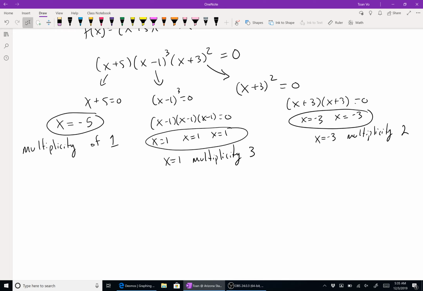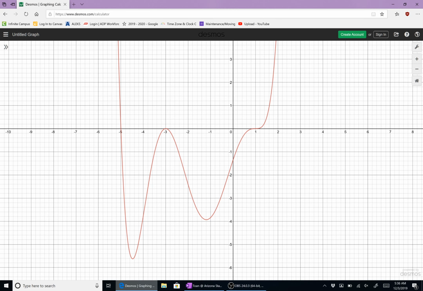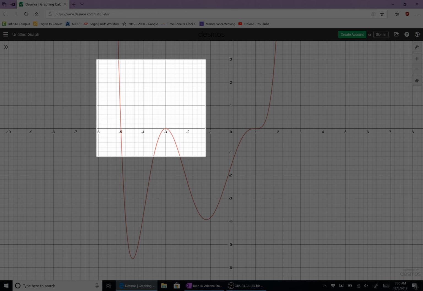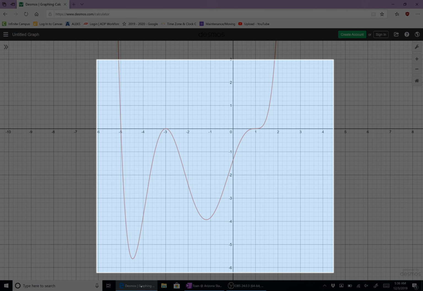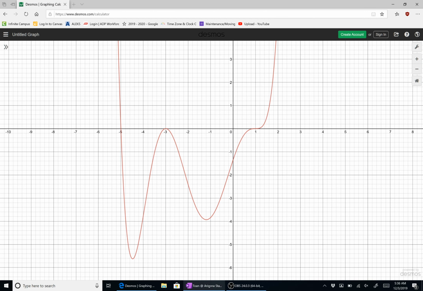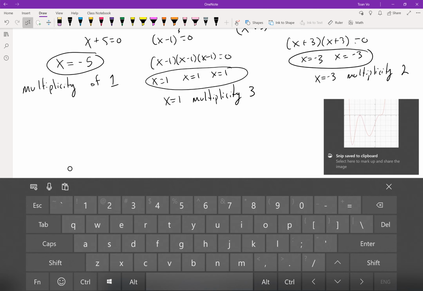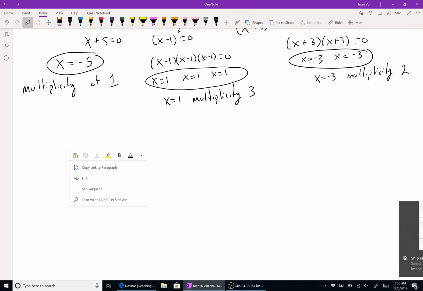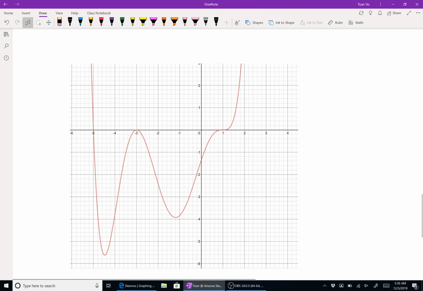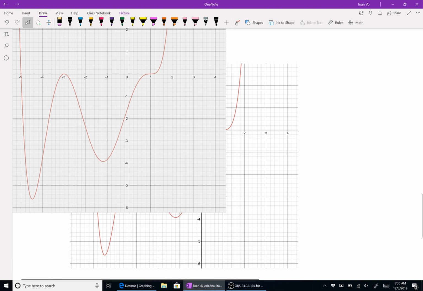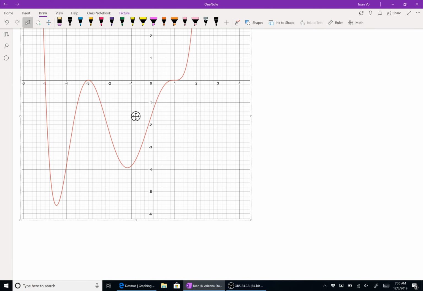So let's graph x plus 5 times x minus 1 cubed times x plus 3 squared. And you get something like this. I'll crop this into our notes here. Just do a quick sketch; it doesn't have to be picture perfect. There we go. This is what the graph should look like.